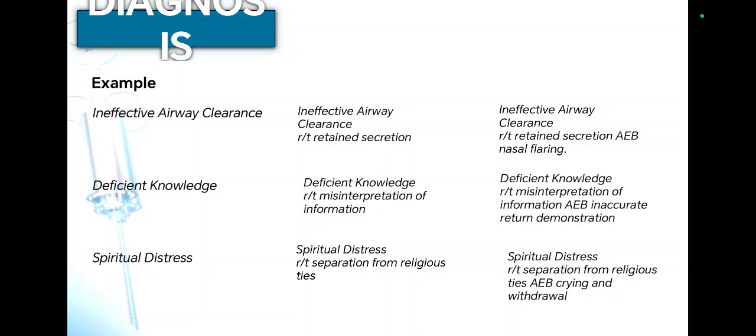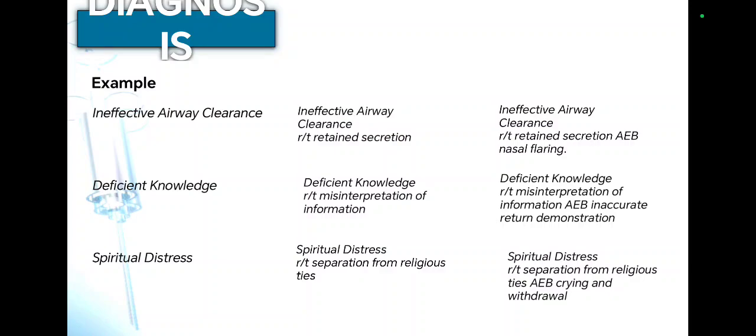So first, the problem is ineffective airway clearance. Now the etiology is the related secretion. So we use the term related to if we were to describe the etiology. Okay, so again, ineffective airway clearance, that's the problem.